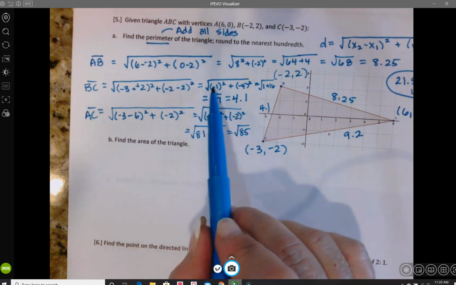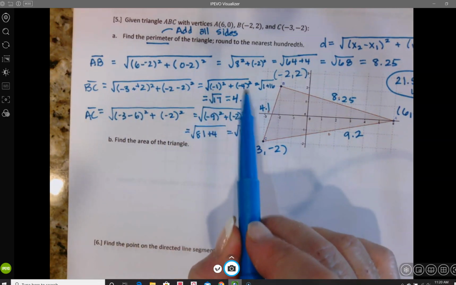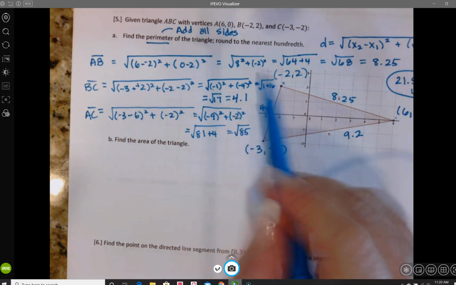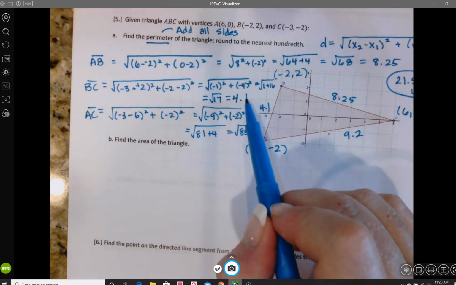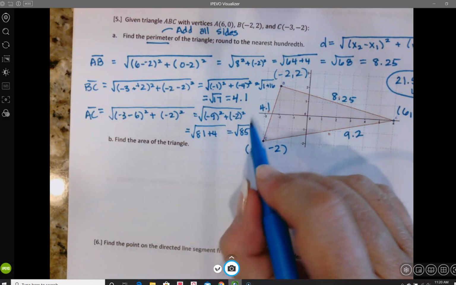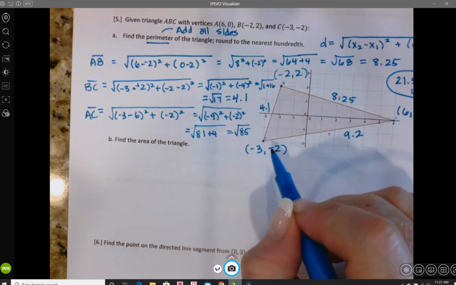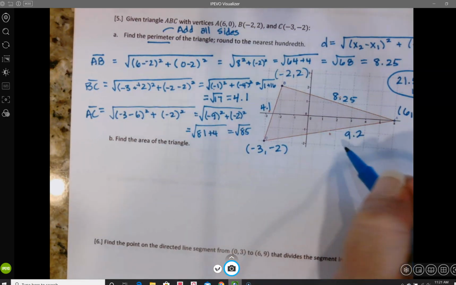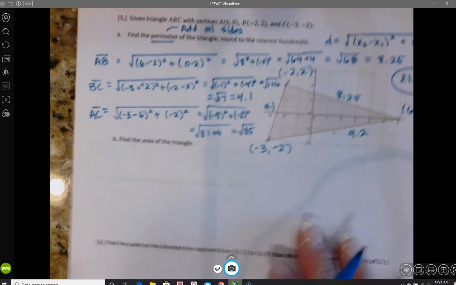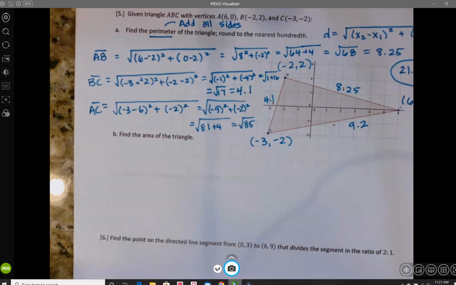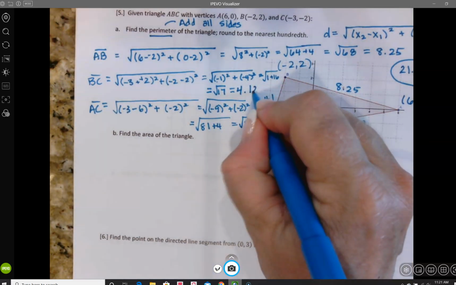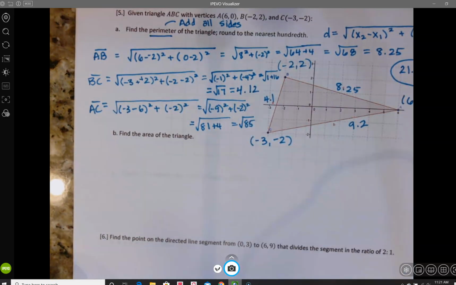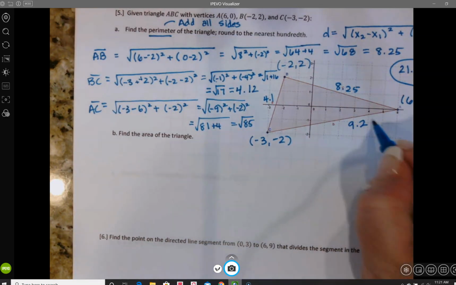I think maybe I just rounded to the nearest tenth here instead of the nearest hundredth, so that got me a little bit off. So let me just double check those again. Square root of 17 is 4.12. Square root of 85 is 9.22.